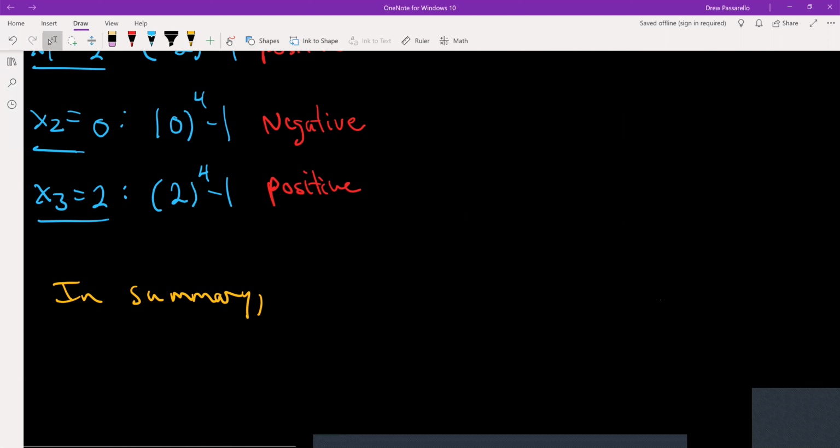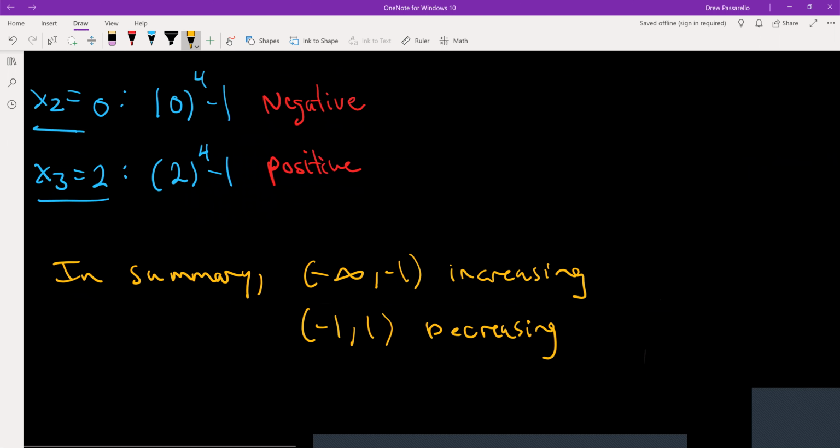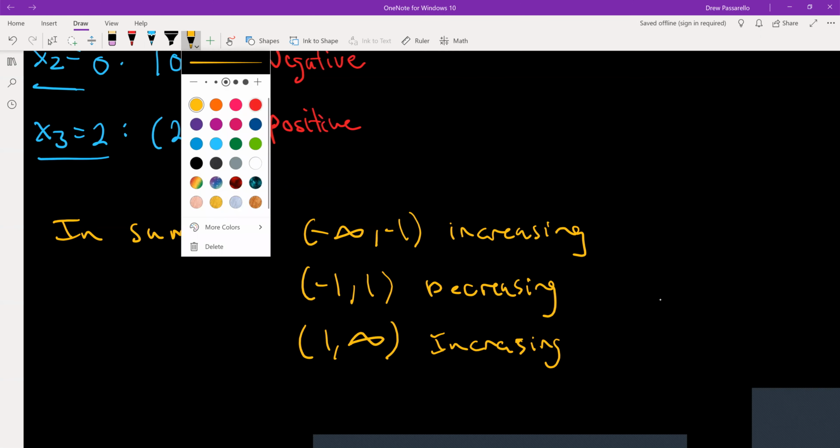We have -infinity to -1, increasing, -1 to 1, decreasing, and then 1 to positive infinity was increasing. All right, so that's our intervals of increasing and decreasing. I'll just box that since that's important.